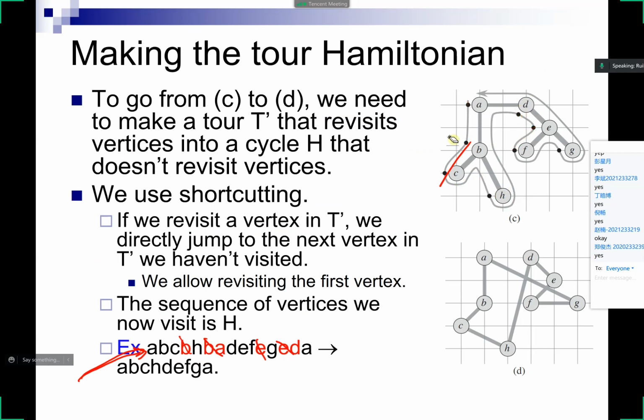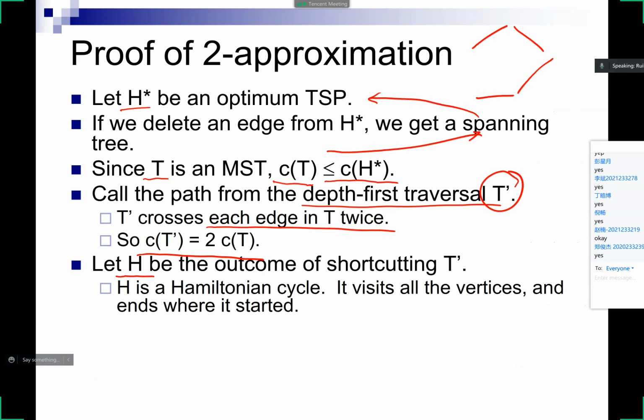When you do the shortcutting procedure, you still visit all the vertices, but each vertex only once, and you go back to where you started. We started at A and ended at A. So this shortcut graph is a Hamiltonian cycle. And by our previous lemma, the total cost of the shortcut graph is no more than the cost of the DFS.